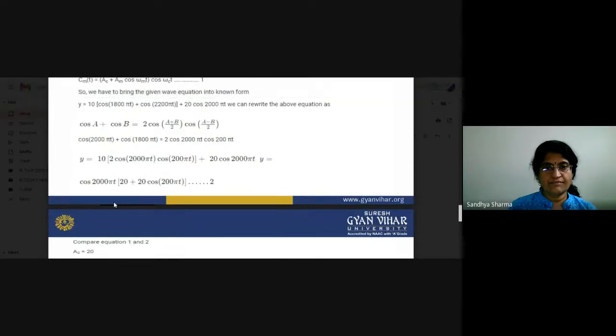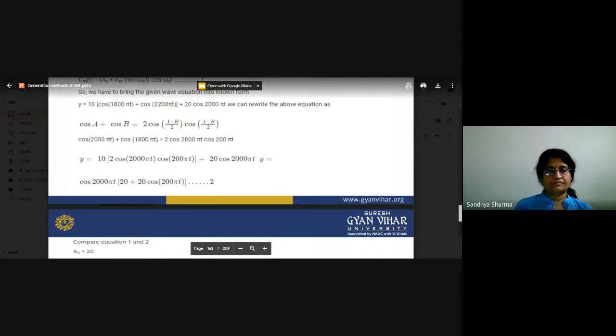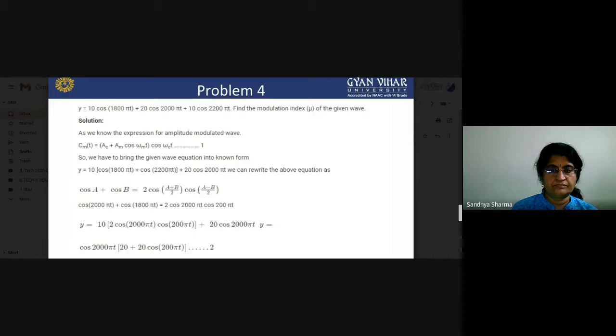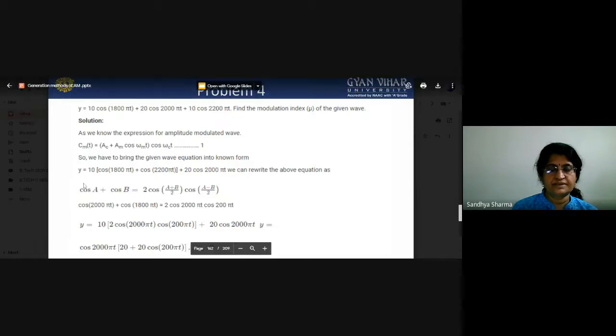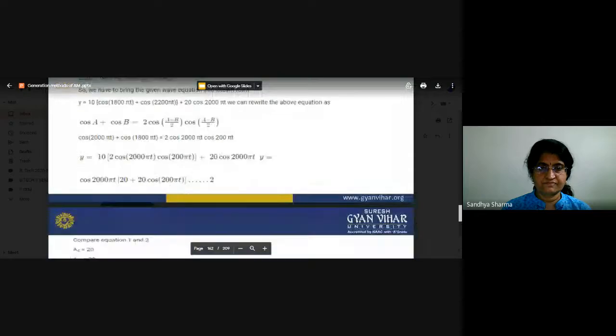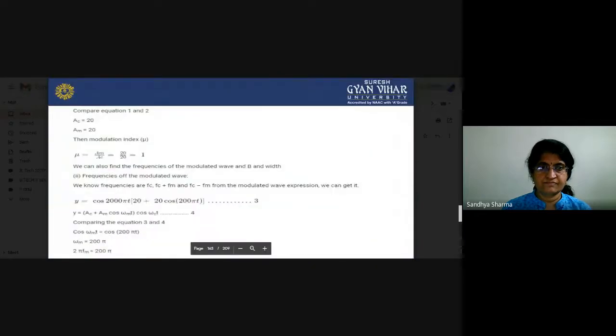In this way, we can represent our modulated signal. You can see how we apply the trigonometric formula and then conclude.